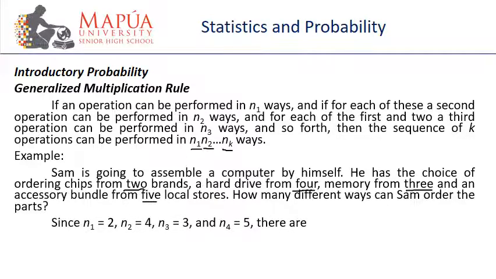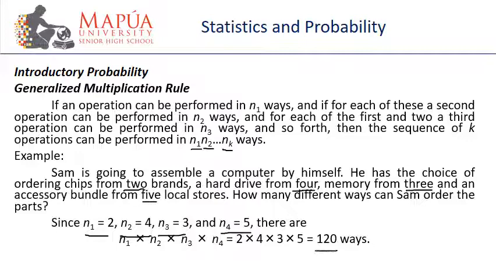Since n sub 1 is equal to 2, which represents the number of brands, n sub 2 is equal to 4, which represents the number of hard drives, n sub 3 is equal to 3, which represents the number of memories, and n sub 4 is equal to 5, which represents the number of accessory bundles, there are therefore n sub 1 times n sub 2 times n sub 3 times n sub 4 ways, equal to 2 times 4 times 3 times 5, equal to 120 ways.